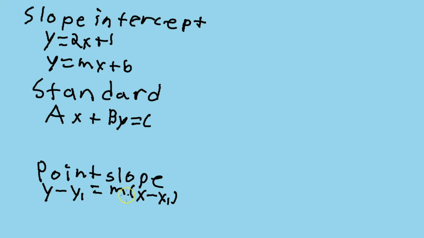This is basically the slope formula, except they multiplied x minus x1 on both sides. And they just multiplied x minus x1 on this side and on this side to get y minus y1 equals m times x minus x1.